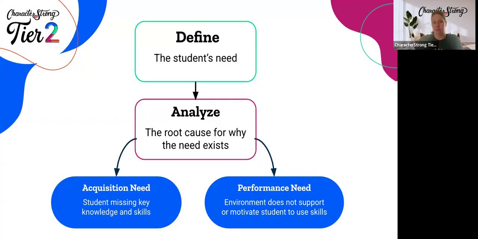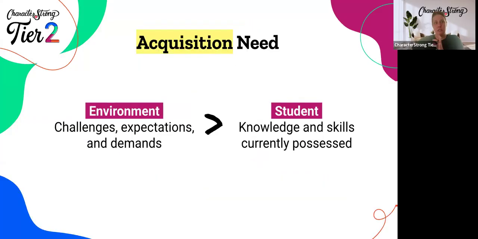So let's define these and talk about the difference between the two and how we might know. So an acquisition need means that the challenges, the expectations, the demands of the environment for the student is greater than what they can do right now.